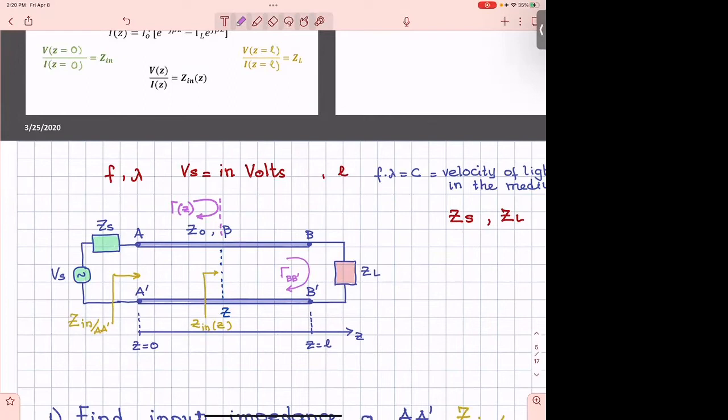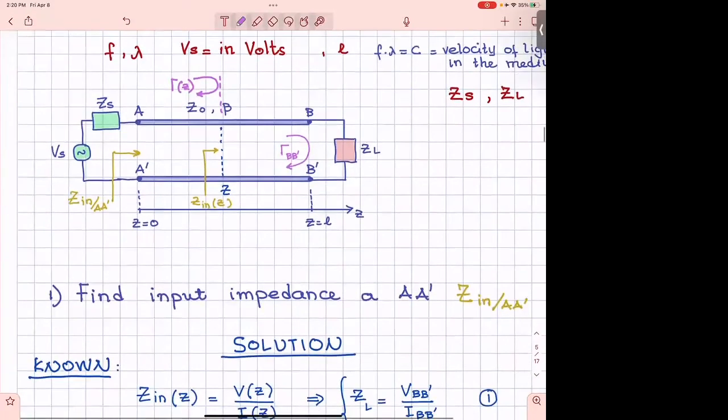Also here, even if this part is circuit and this part is circuit, you also can define a reflection coefficient at A prime. In fact, there the line stops, obviously, so there is no reflection towards the source, because you are in simple circuit form.